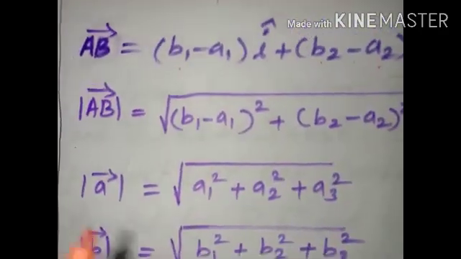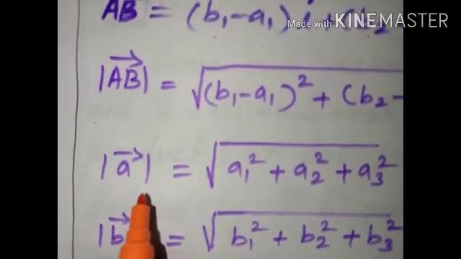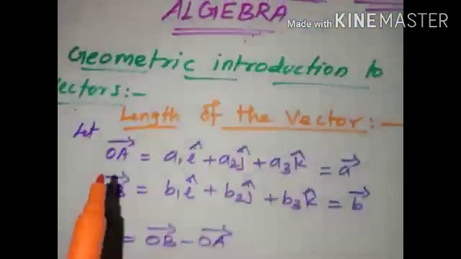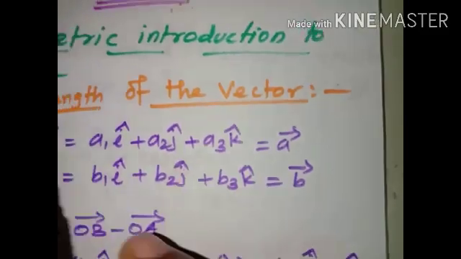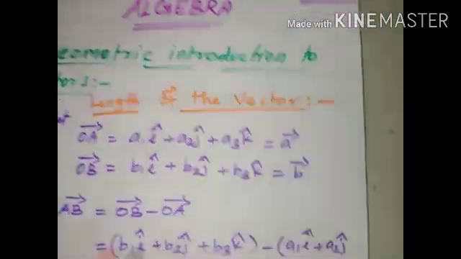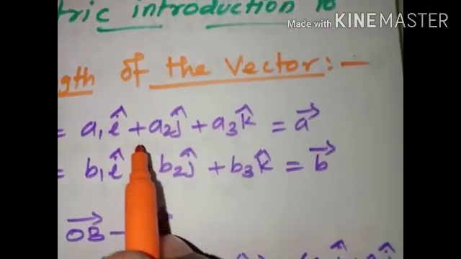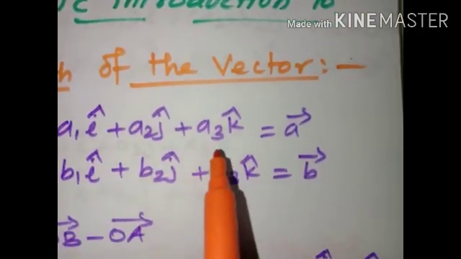Next, the modulus of A vector. A vector is the OA vector, a position vector, A1 i cap plus A2 j cap plus A3 k cap.